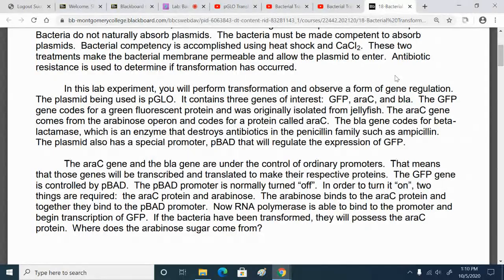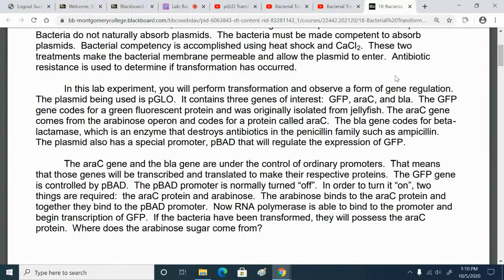pBAD promoter. And so pBAD, that promoter, is normally turned off. Because remember that RNA polymerase hops onto promoters so it can begin transcription, right? Every gene has a promoter at the start, and that's where RNA polymerase hops on so it can begin transcribing that gene. Well, ordinary promoters are on, and so the RNA polymerase can hop on and start transcribing, but pBAD is off.